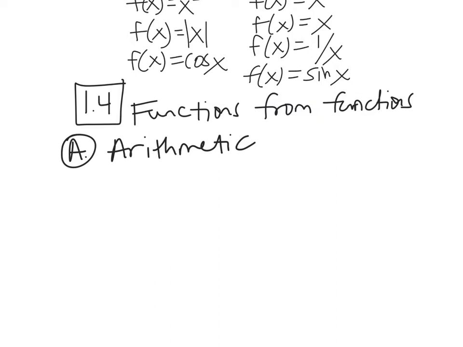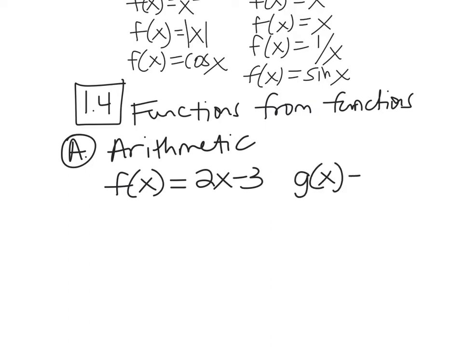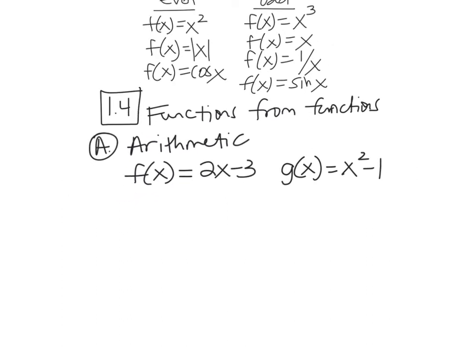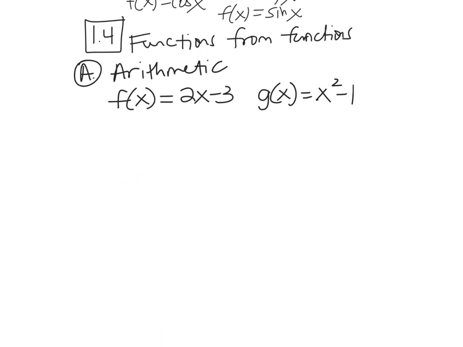So, for example, let's say that I have a function f of x, and f of x is equal to 2x minus 3. And then I have another function we'll call g of x, and g of x is x squared minus 1. So I'm going to take these functions and do 4 different types of arithmetic with them.